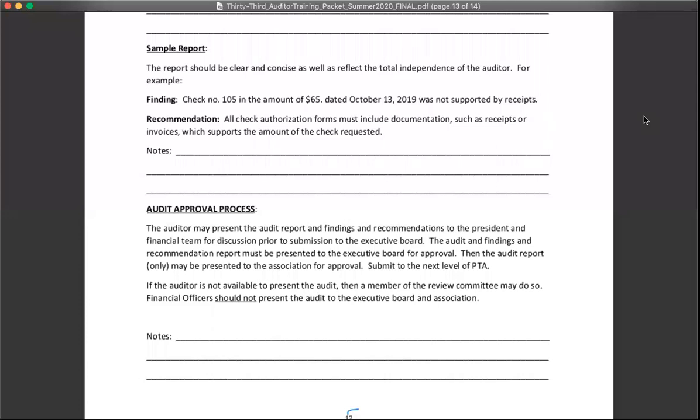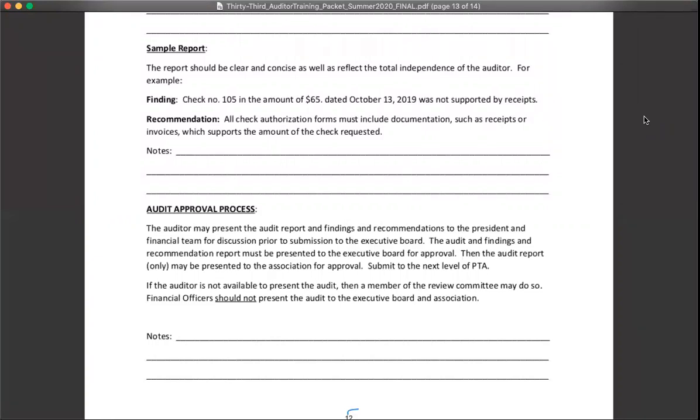It's nice to give them a heads up. And so then after that, the auditor would submit the audit to the executive board, and you would go through the findings and recommendations report with the executive board. And then the executive board would approve it, and then the audit report only will go to the association. You're not going to drag in the findings and recommendations to the association.